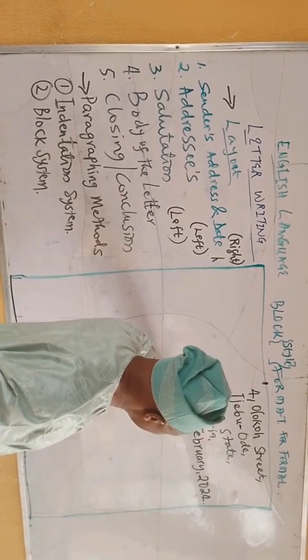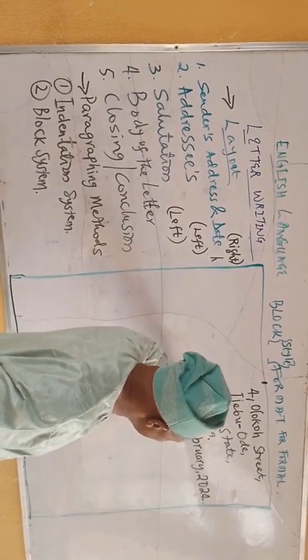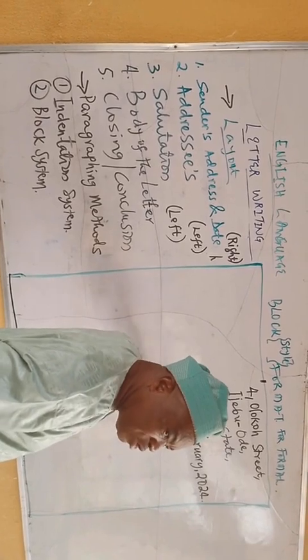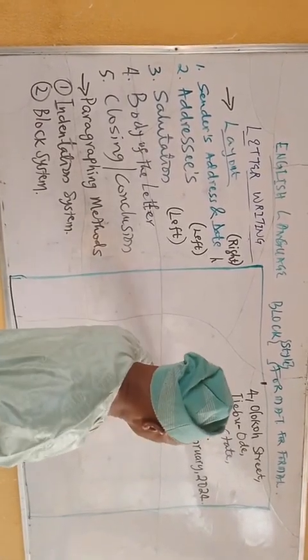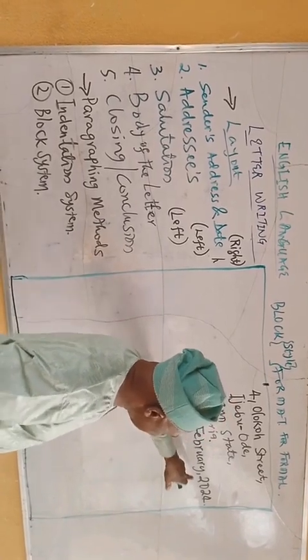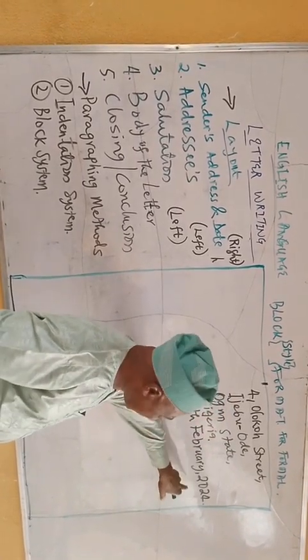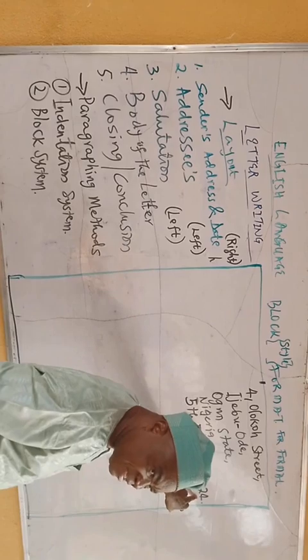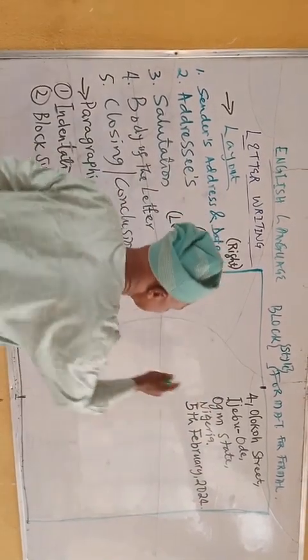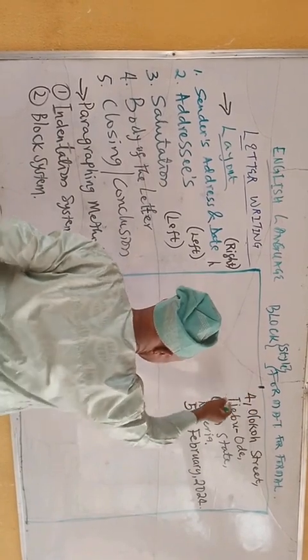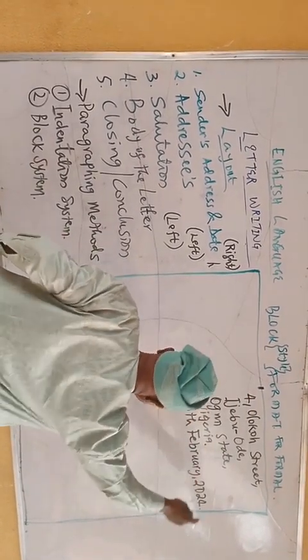Don't put the 5 and then the TH above it. You are not raising 5 up to any power. It should be on the same straight line, and then the comma follows after the month, and then the full stop follows after the year. You get that? This is what we call the block system. The block system is on the right hand side.